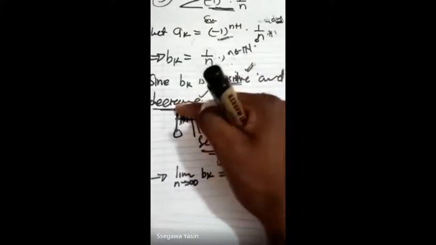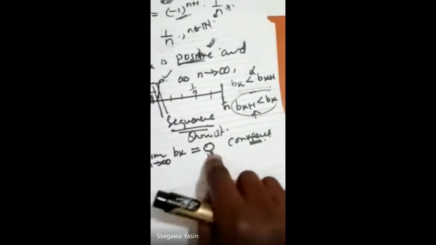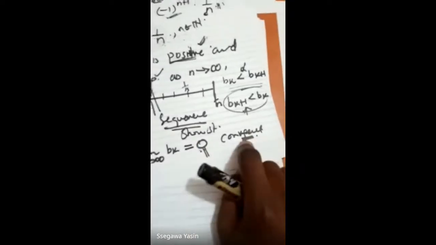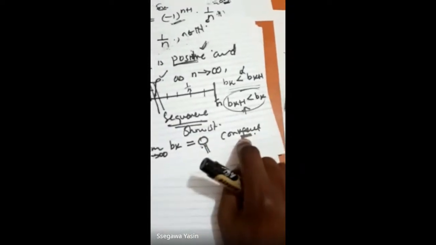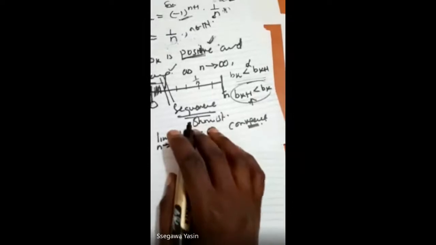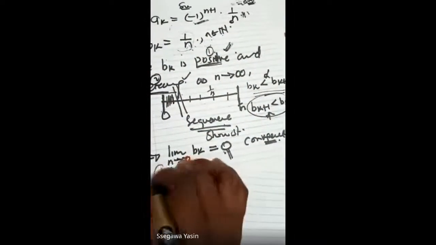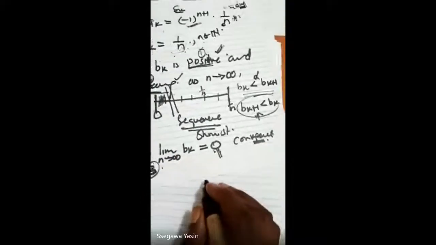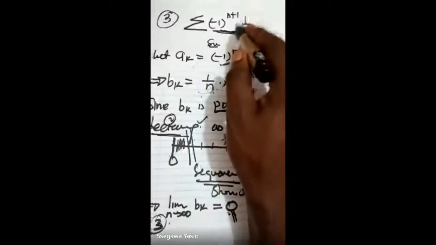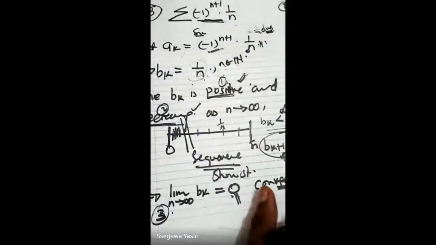You must show that it is decreasing, and you know how to show that. You must take a limit and show that it is 0. Then it converges. So there are three things you are supposed to look for: being positive, being decreasing, being convergent to 0. Then you conclude that the series is truly convergent.